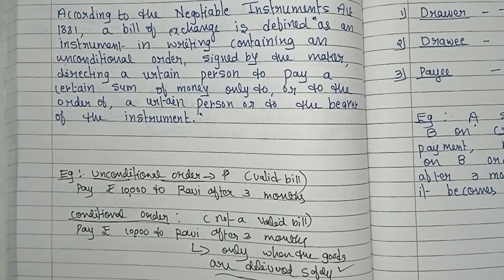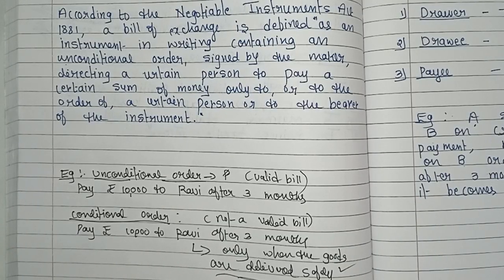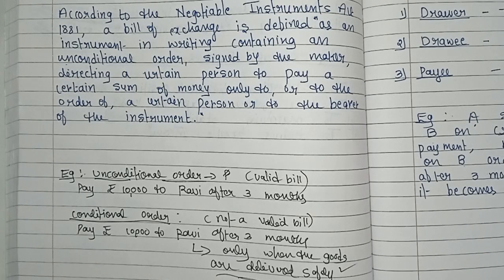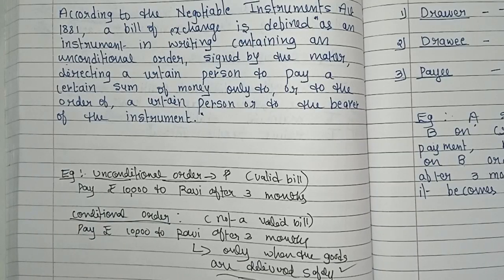Now when will we use the bill of exchange? When goods are sold on credit. This bill of exchange assures that the seller will receive the payment at a later date. That's why the bill of exchange is very important when a business sells goods on credit.